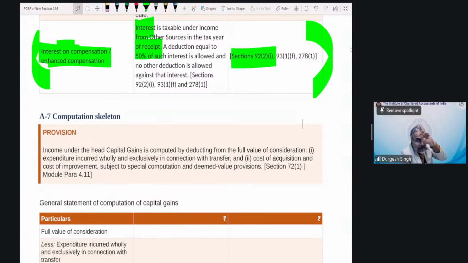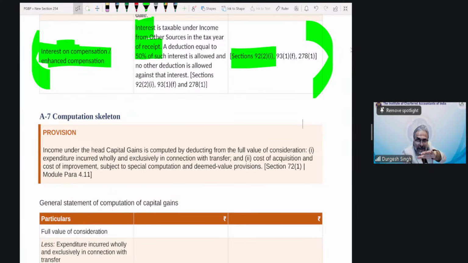Now, tell me one thing. If the money received by you is more than the opening WDV and the actual cost, then what will happen in that case? Sir, capital gain will arise. Capital gains will arise.